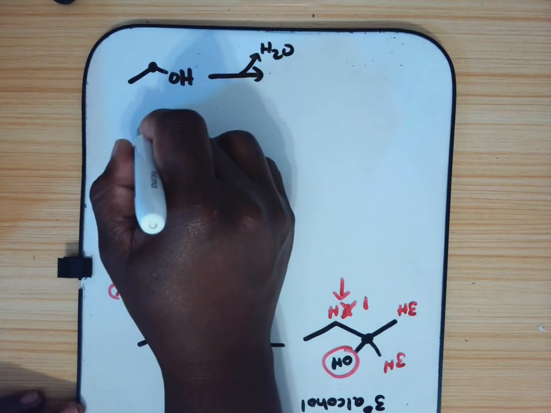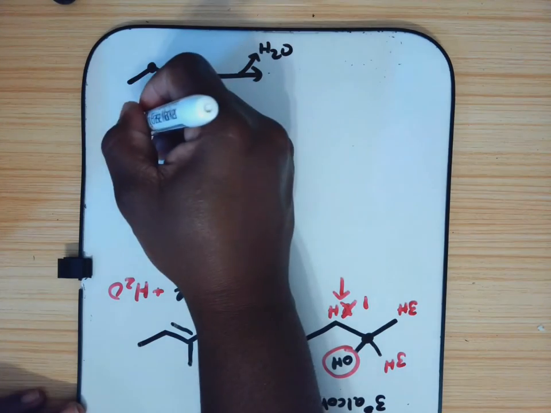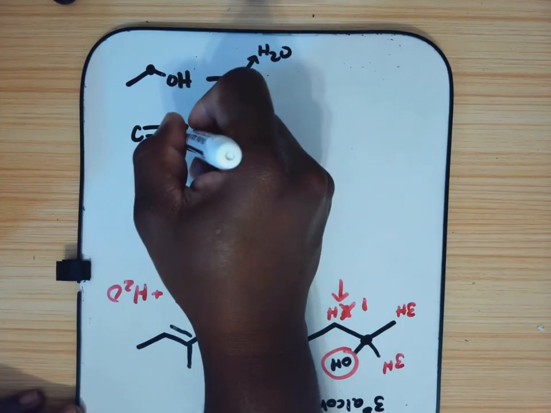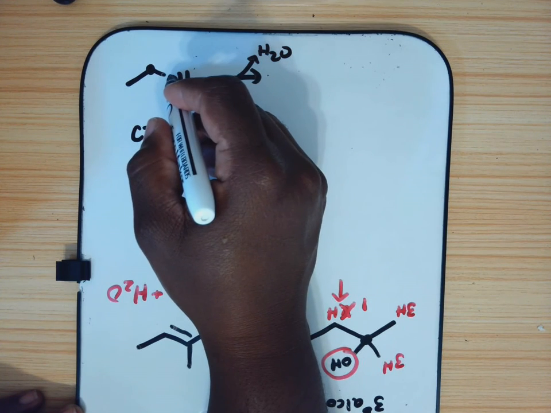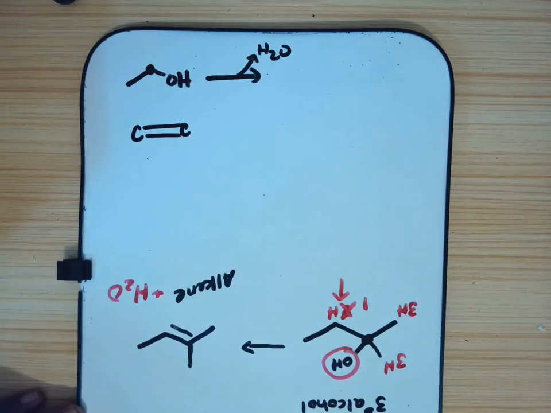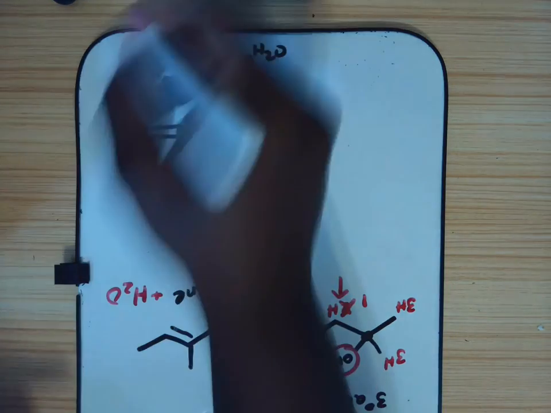It's going to simply become this. I'm going to go ahead and write in the C's just so that no one's thinking this is just an equal sign that I drew. So we've lost that OH. We've lost one of the hydrogen. This carbon had 2 bonds, so there were initially 2 hydrogen.